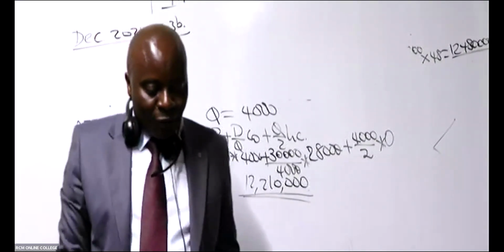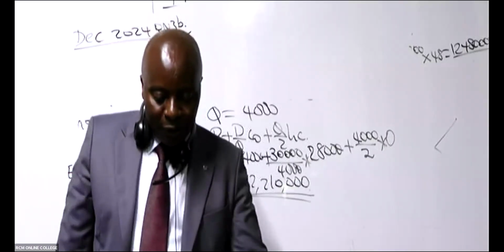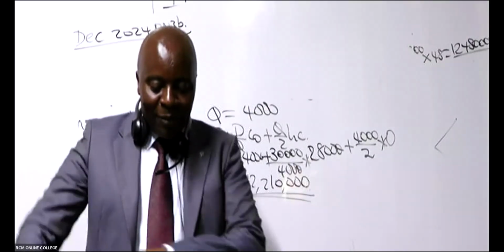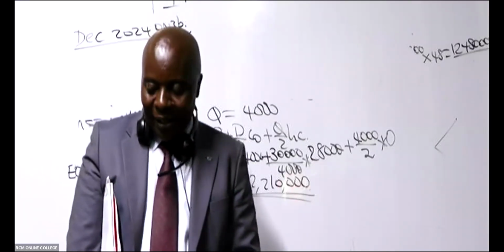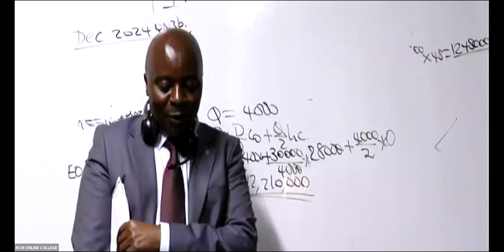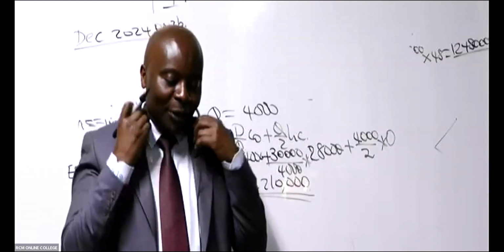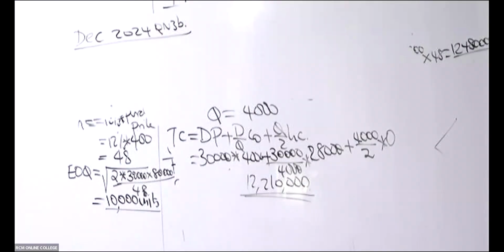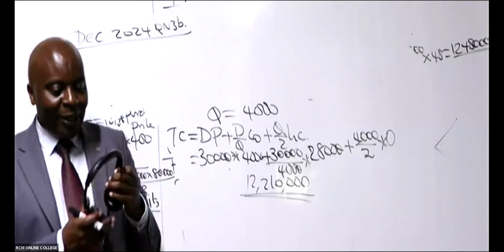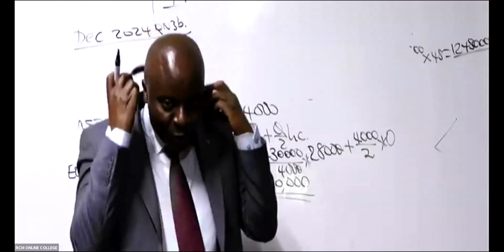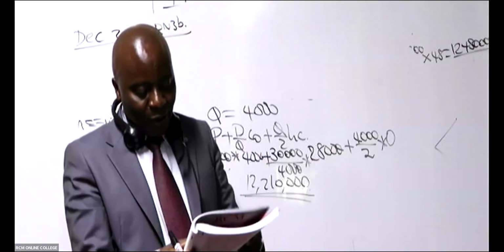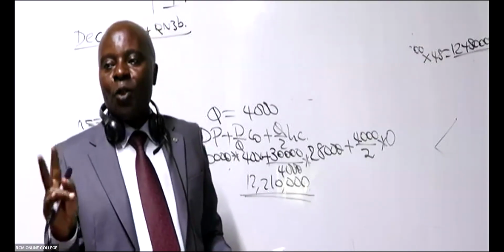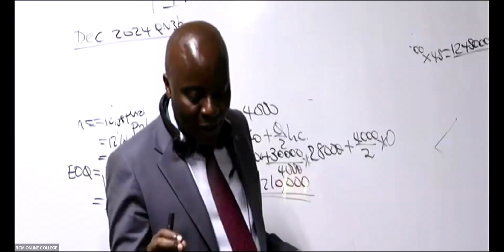Online students have claimed they have been reading MA. Let's see. So December 2024, question number 3B. I'll give you exactly 2 minutes to look for that question and then screenshot it and share in the group.